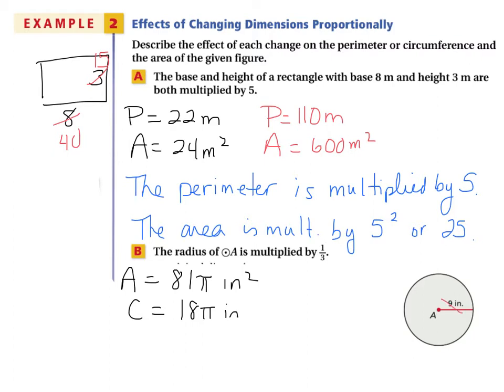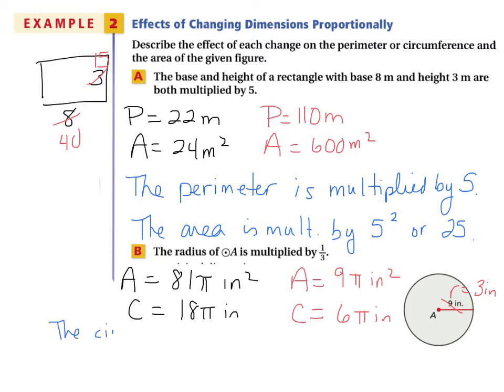Now if we multiply by 1/3, the new radius is 3 inches. So that gives us an area of 9 pi square inches and a circumference of, let's see, 2 times 3, which is 6 pi inches. So what do you know?